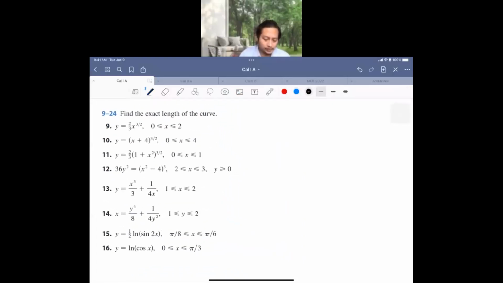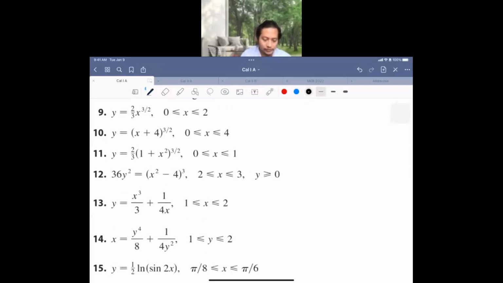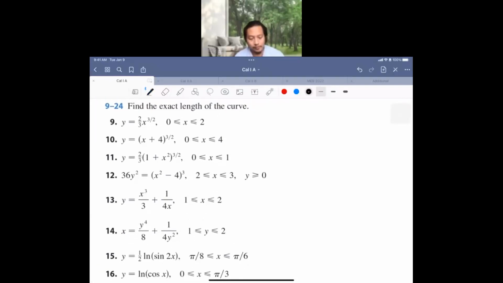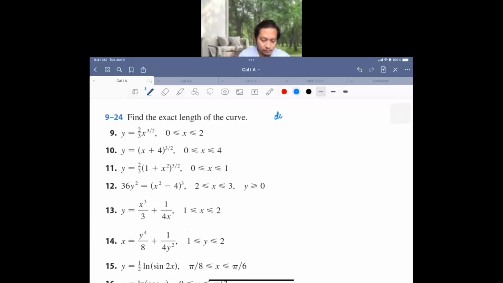So number 11, if you see what we have here, the length of the curve, what we are going to do for the first step, my suggestion for you, is to take the derivative first. So take the derivative of this.